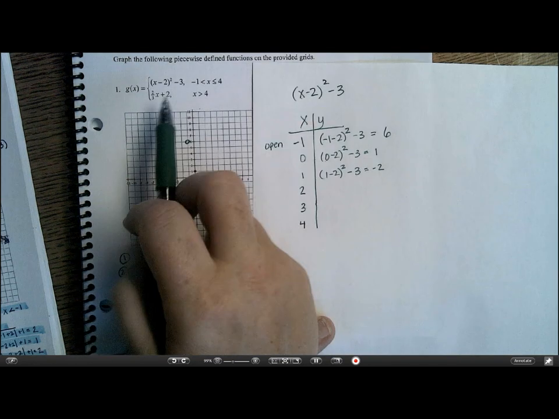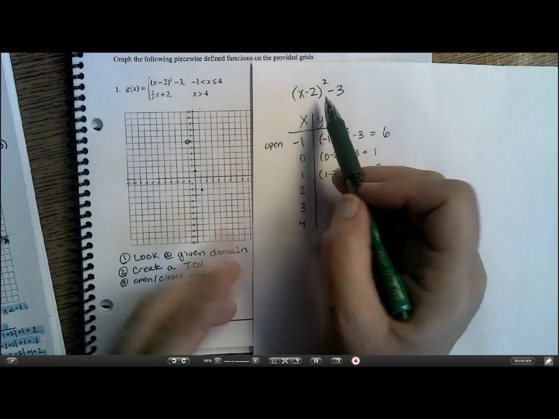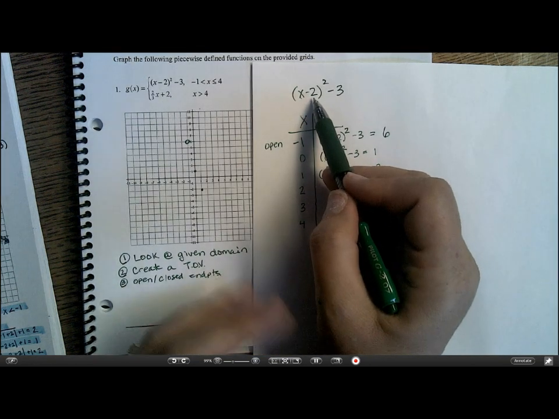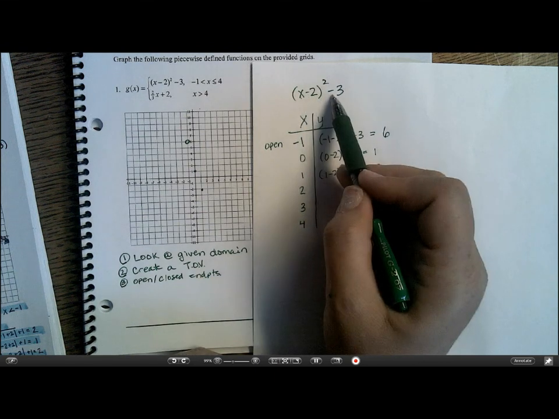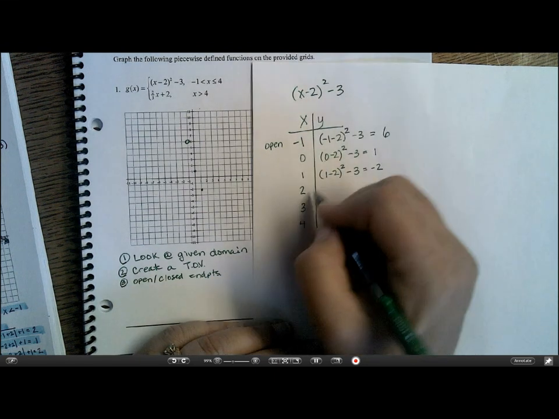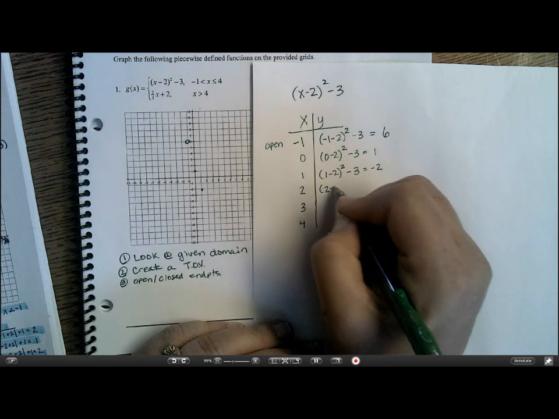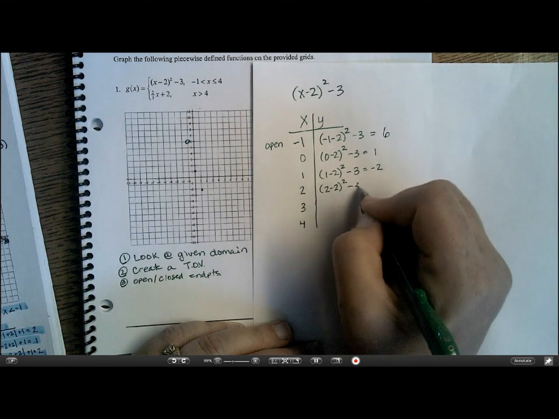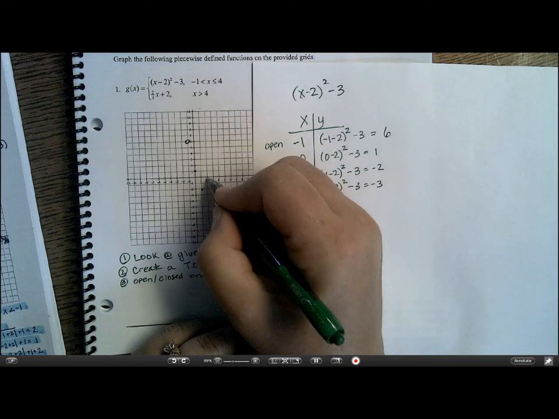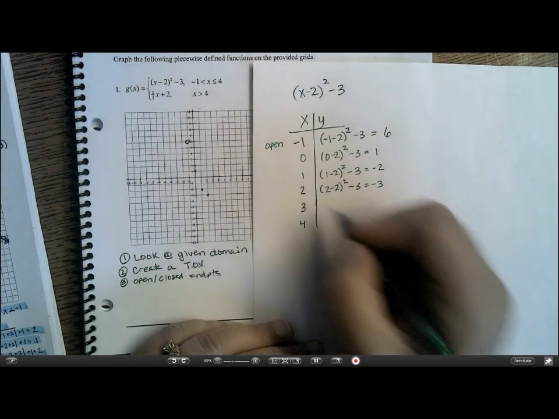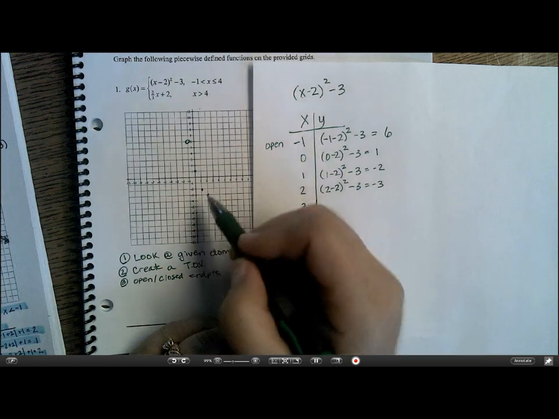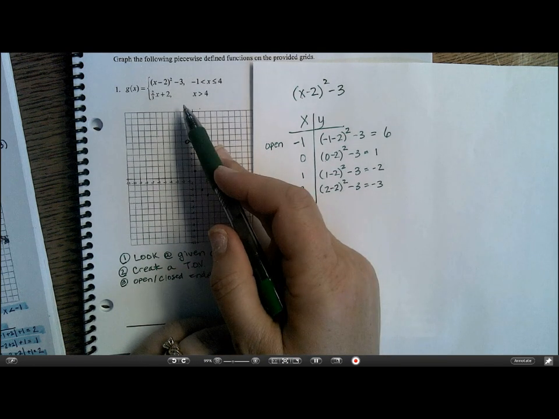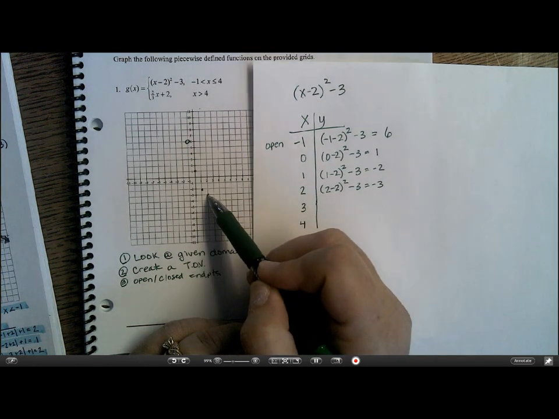You also should recognize with your transformations that the vertex is shifted to the right 2 and down 3. So if I were to plug in 2, that gives me 0² which is 0, minus 3 is -3. And there's the vertex.